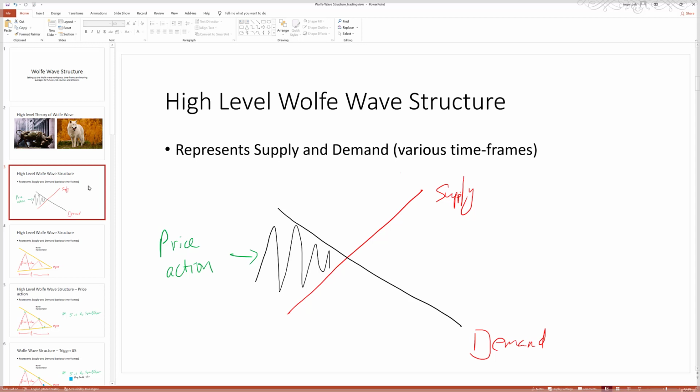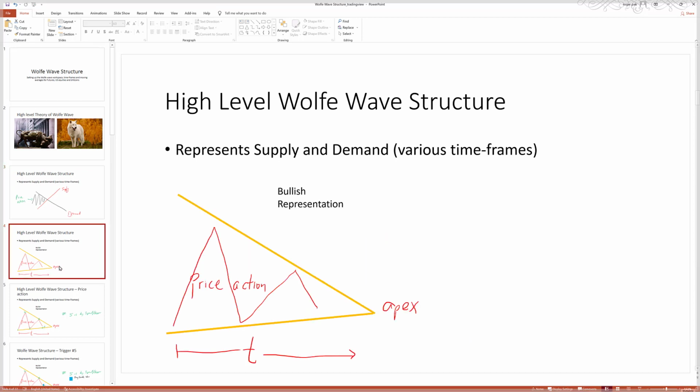Okay, and yes, the Wolfe waves draw lines, but these Wolfe waves draw lines based on specific triggers, and it works on supply and demand principles. Well, that's basically the idea, and they're real time in nature, and they are produced on pretty much any time frame wherever the pattern is being developed.